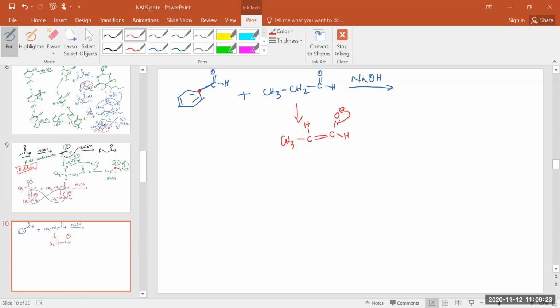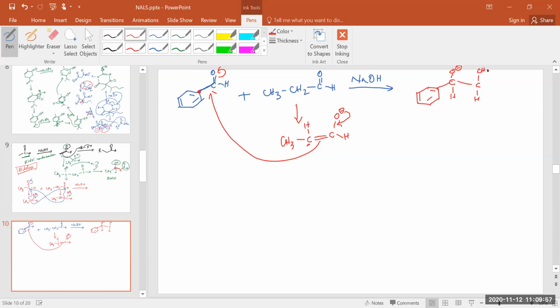And then here it can react with this, and it will react with this. So here is the crossed aldol product formation, and you will not get a lot of mixture of products. So O minus here, it will have hydrogen, and then carbon, hydrogen, and this carbon has CH3, so you can write here CH3.